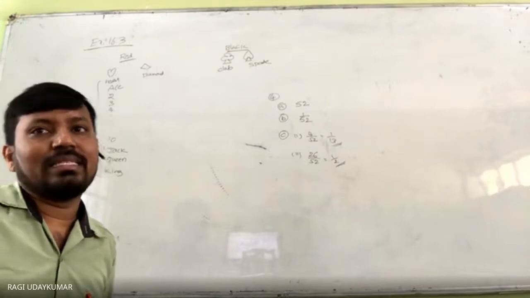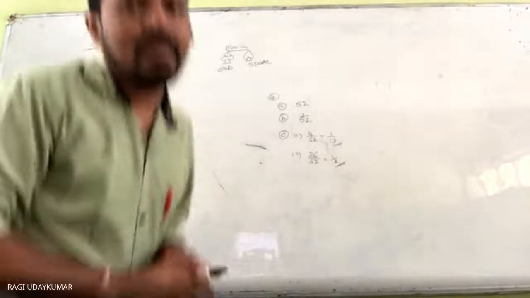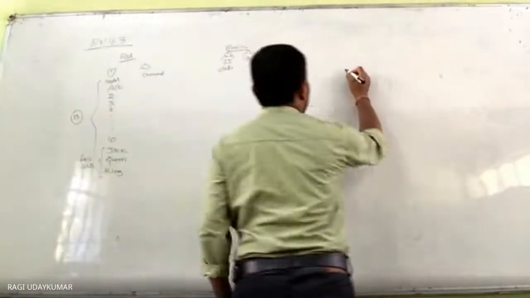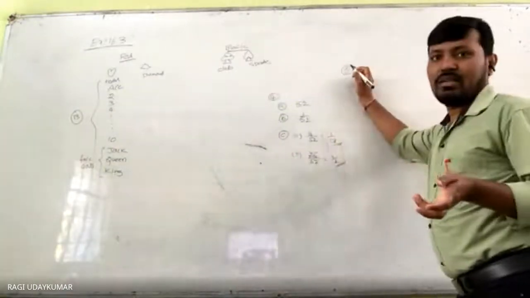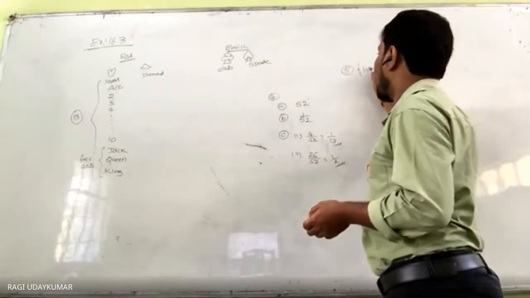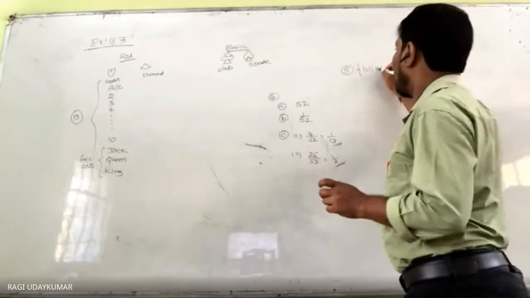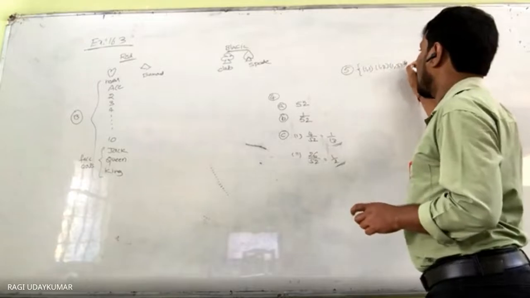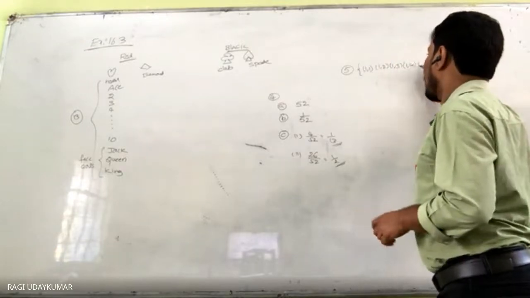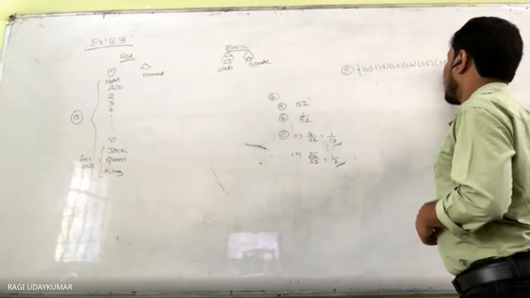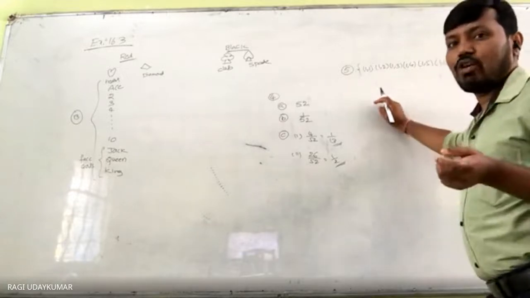What is the sample space in this situation? Did you understand here? Both are tossed. So what does the sample space mean? You may get 1 comma 1, 1 comma 2, 1 comma 3, 1 comma 4, 1 comma 5, 1 comma 6, because 1 is there on the coin instead of head.